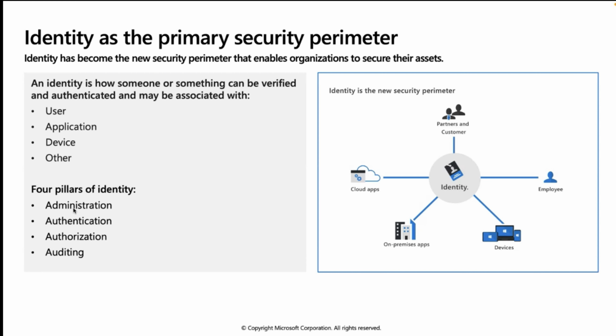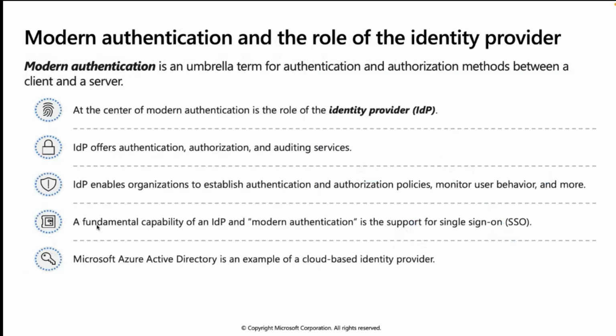Yes, so biometric authentication: your fingerprint, your handprint, your face, and so on. Once you've been authenticated, so once you've proven who you are, you're then authorized to gain access to a resource. And then finally, everything is audited. So there is an audit log that says this is what you did.